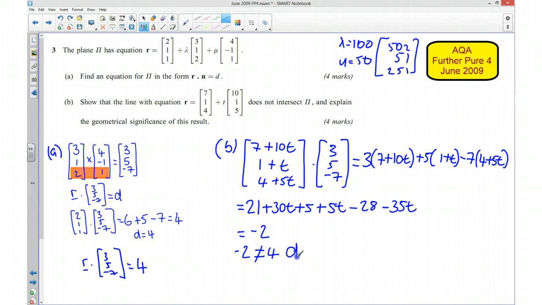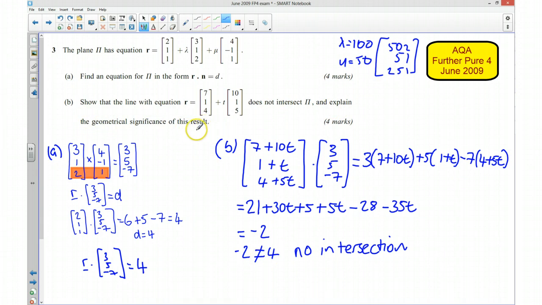So this clearly doesn't intersect the plane, so we can say that there is no intersection. Okay, last part says explain the geometrical significance of this result.